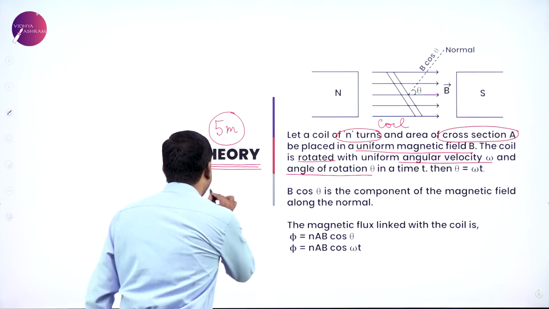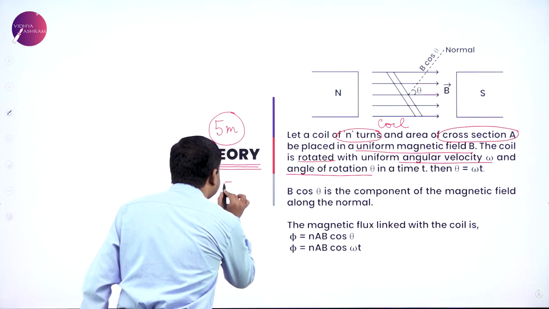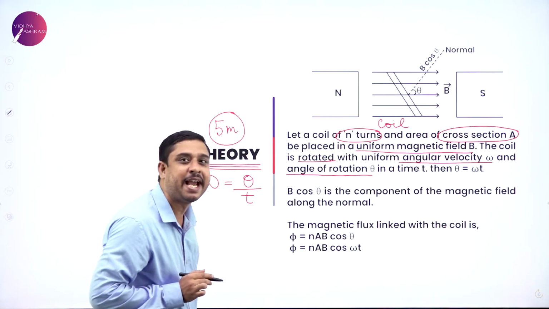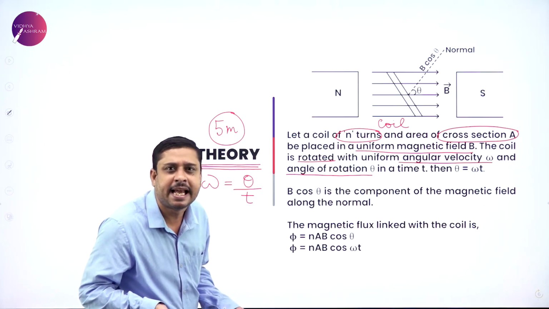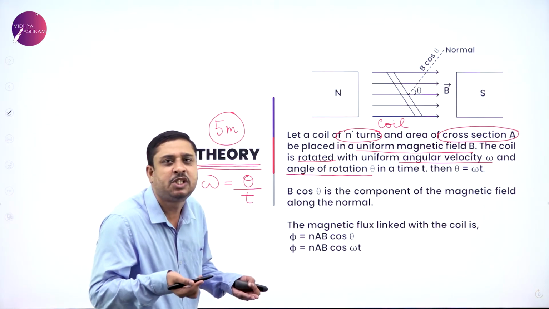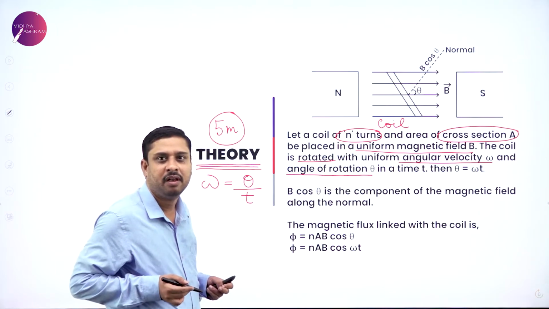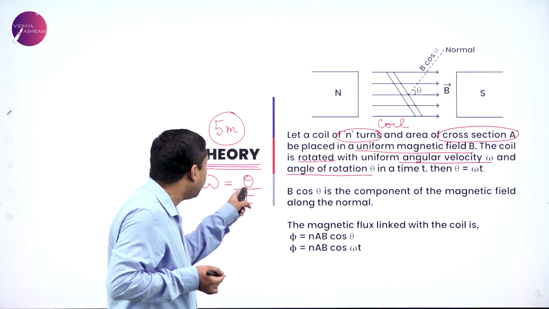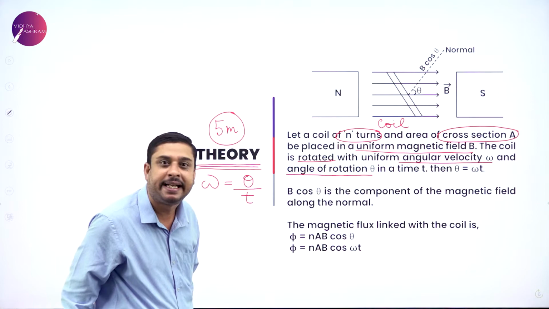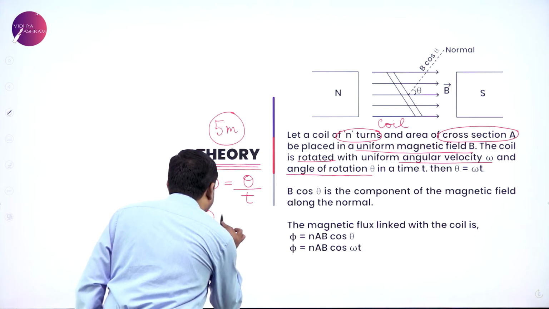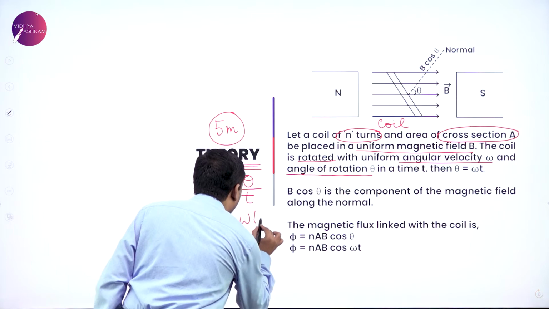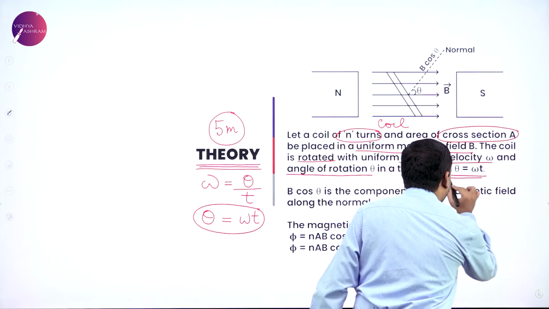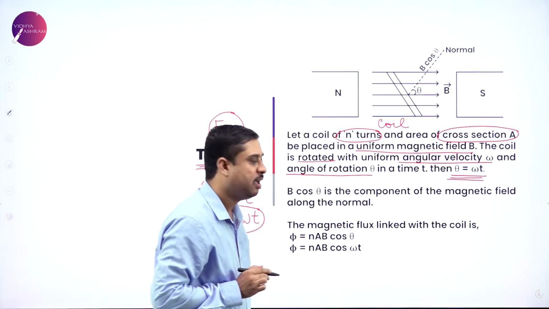All of us have studied that angular velocity is angular displacement by time. How do you define linear velocity? Displacement by time. Then what does angular velocity become? Angular displacement by time, so theta is equal to omega t, and that is what I have defined here.